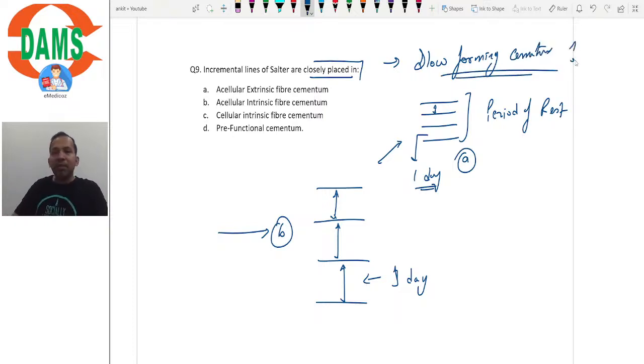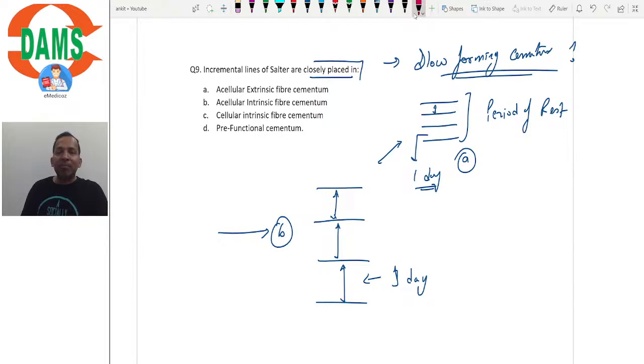Is it clear? Please read the question carefully. More than one option may be correct here, right? It is not necessary that only option D is correct. Any other among options A, B, C could also be correct.